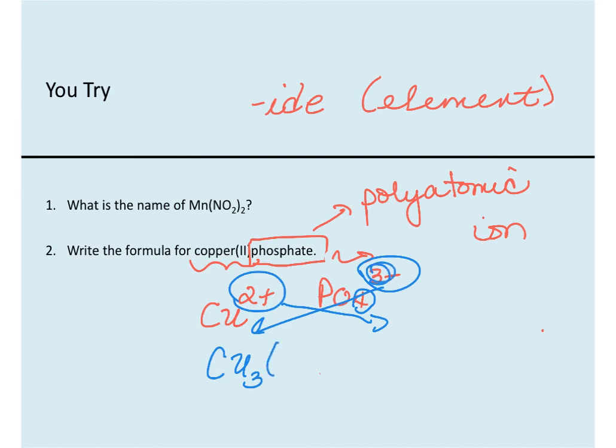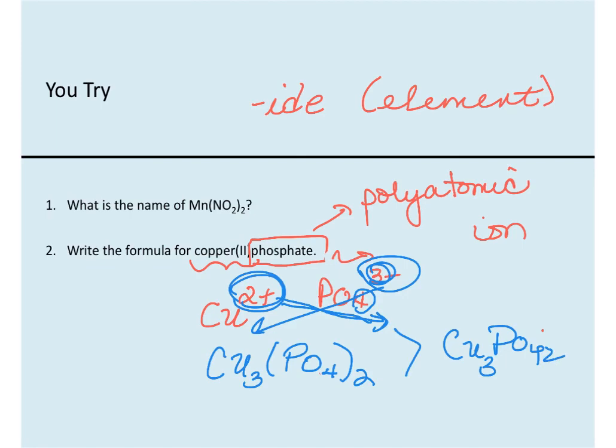I'm going to enclose my polyatomic ion in parentheses, and then I'm going to carry down the 2 as a subscript. Now, see, if you didn't put the parentheses there, it would look crazy. It would look, see, 42 or something. Okay, so be real careful when you're dealing with polyatomics to put them in parentheses.